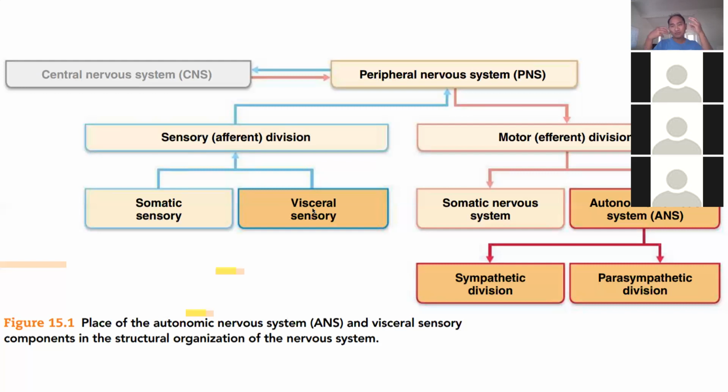Somatic means body, like our voluntary control, like our touch, temperature. These are under the somatic sensory. Like if we touch it, it is sharp, it is soft, it is hot. These are the somatic sensations.